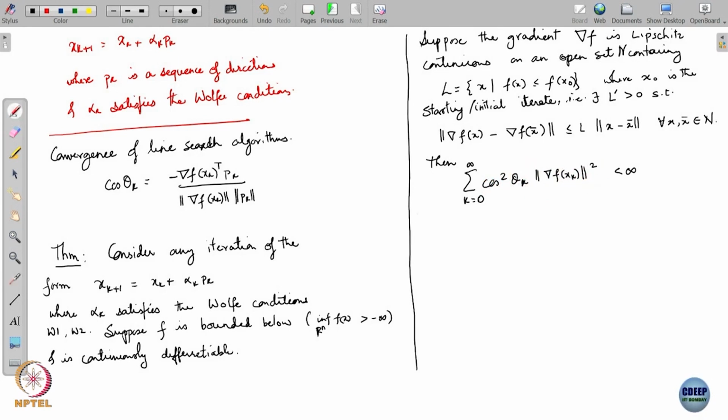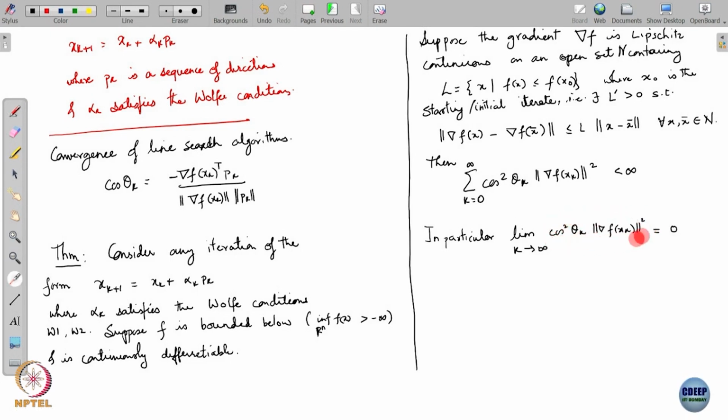So, in particular, the limit as k tends to infinity of cos squared theta_k times the norm squared of the gradient is equal to 0. So, this limit goes to 0.